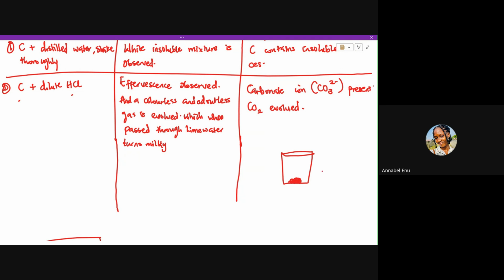And so this can be filtered, going through a funnel, for example. When it is filtered, just the liquid goes through, and we have the insoluble solid that settled at the bottom in the funnel, and we call that the residue, right?